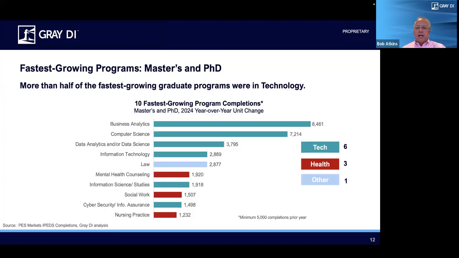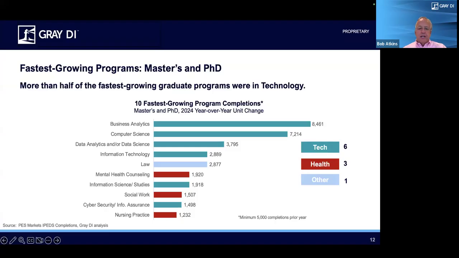Half the fastest growing graduate programs are in technology. Now, this is where I mentioned the trade-off, business analytics growing quite rapidly, and that does cannibalize the traditional MBA program. Computer science up 7,000, data analytics up almost 4,000, and information technology up almost 3,000 completions.